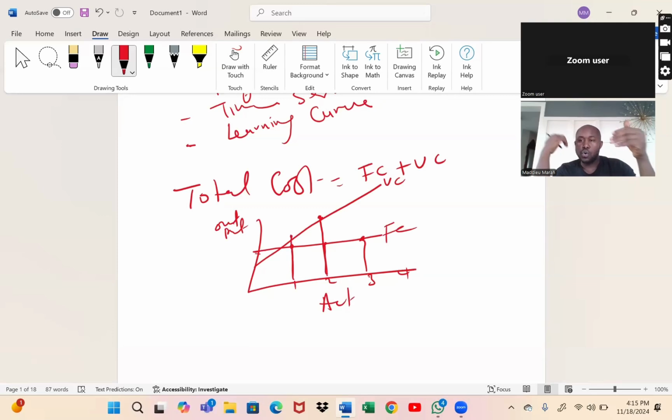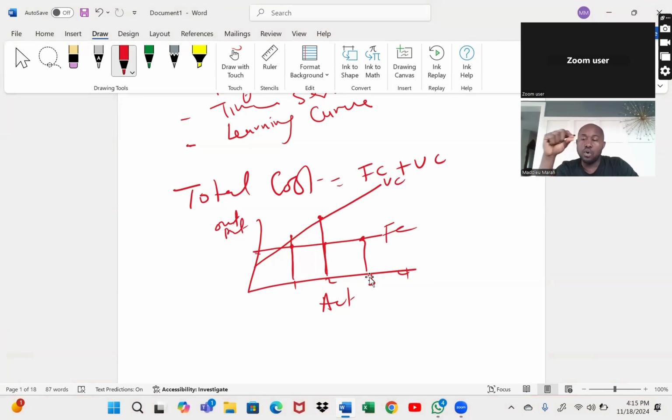Right? Unlike fixed cost, which remains the same, irrespective of the level of activity. Okay? So, having the basic idea of fixed cost and variable cost, we have mixed cost. These costs have some element of fixed and some element of variable. So as an accountant, we need to differentiate that cost. We need to remove the fixed cost from the variable cost in that cost.